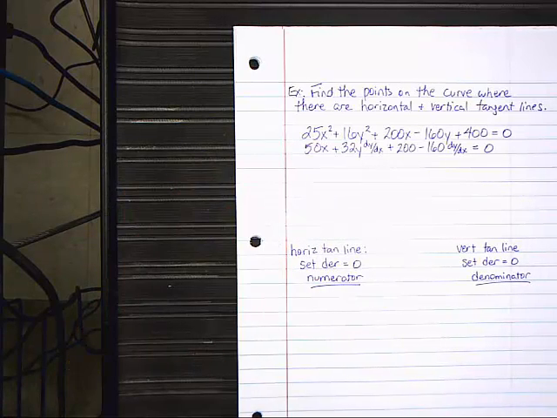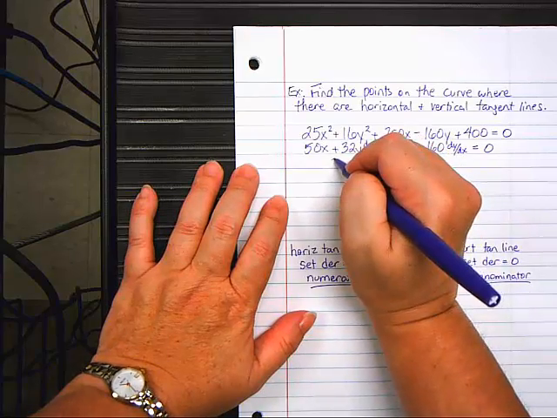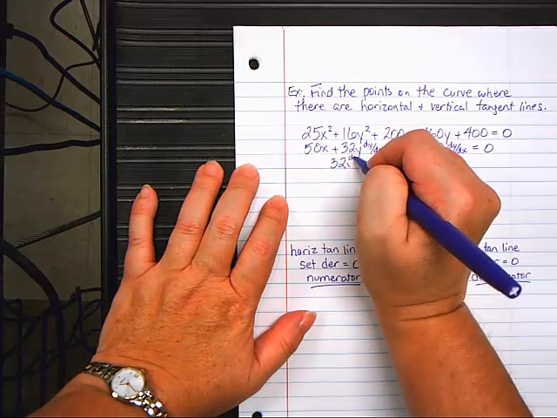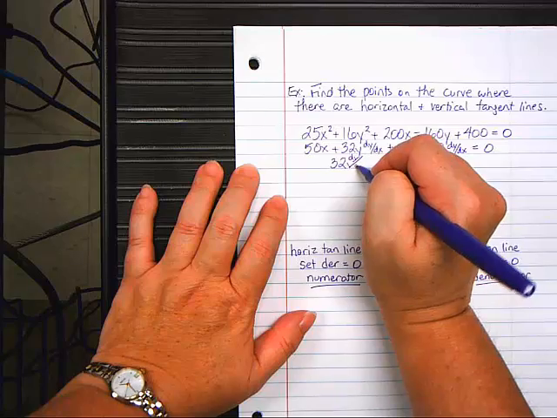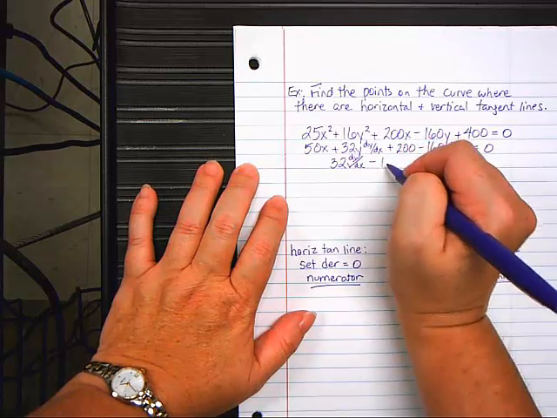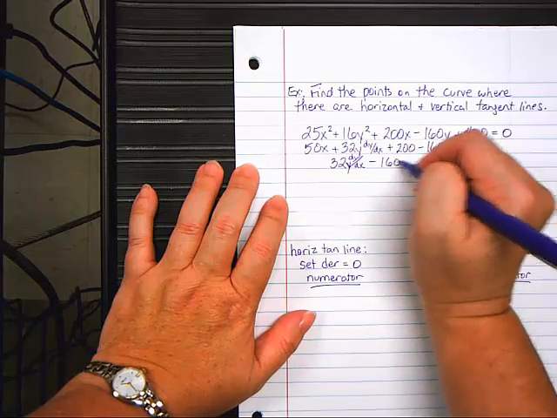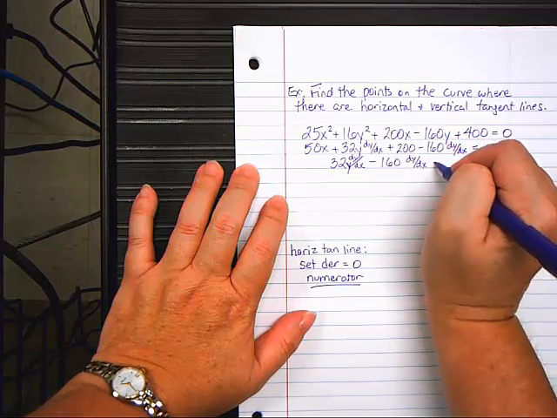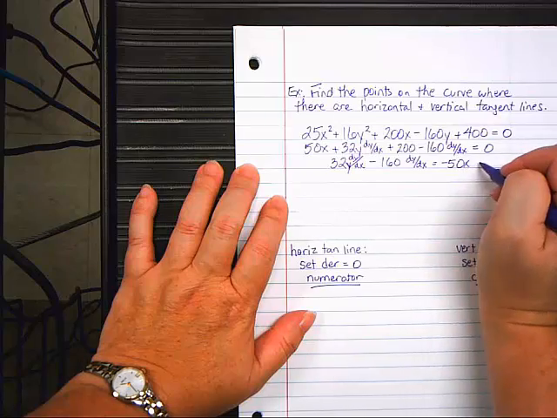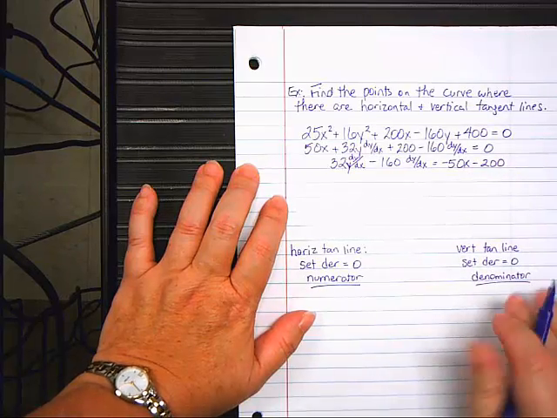Okay, not too bad. What's the next step? Subtract the 50x and the 200 because both of them do not have dy/dx's. So 32y dy/dx, whoops, made a mistake, that's okay, minus 160 dy/dx equals negative 50x minus 200.